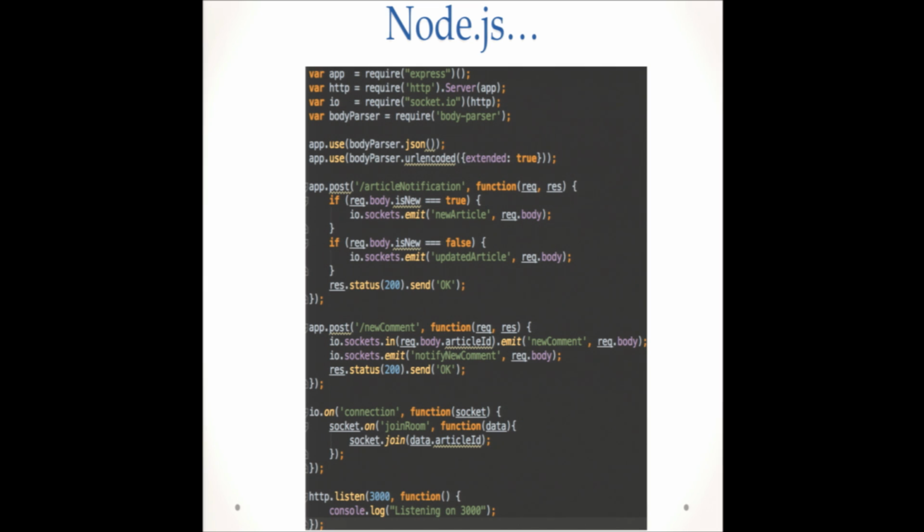So the client will ask, I want to join this room, and you pass the name of the room. Then on the server side, we take that socket and we just join that socket to a particular room. So it's like a namespace, and everything that we send to that particular room will be seen only by the sockets connected to that particular room. I don't know if that answers your question. Yes, thank you. Okay, that's it. Thank you.